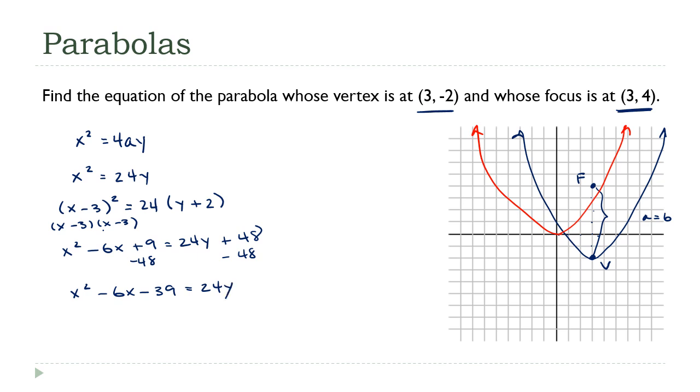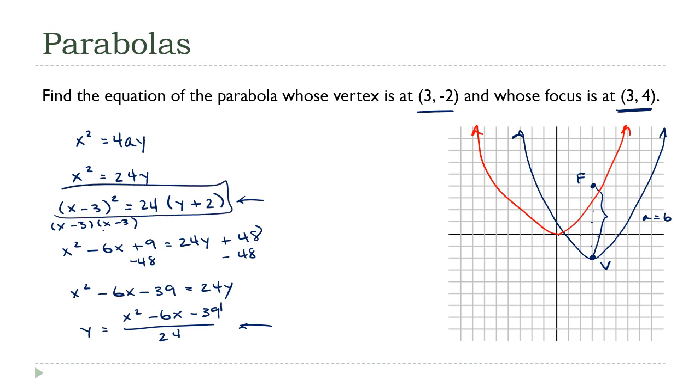And then ultimately we're solving this for y. So if you divide both sides by 24, y is x squared minus 6x minus 39 over 24. So again, this is not, to me anyway, inherently better than this. I would take this for an answer. Other people may expect you to do this instead.